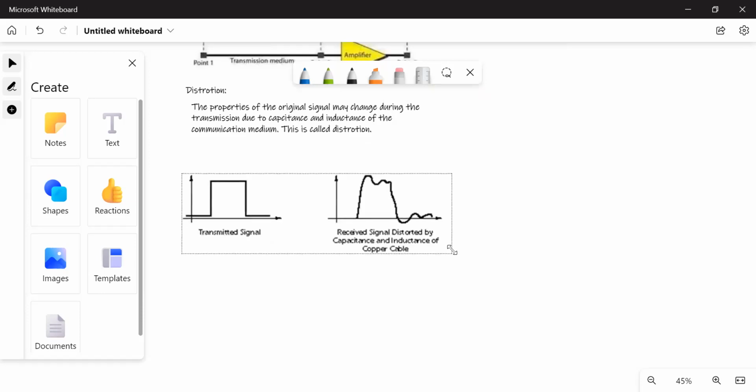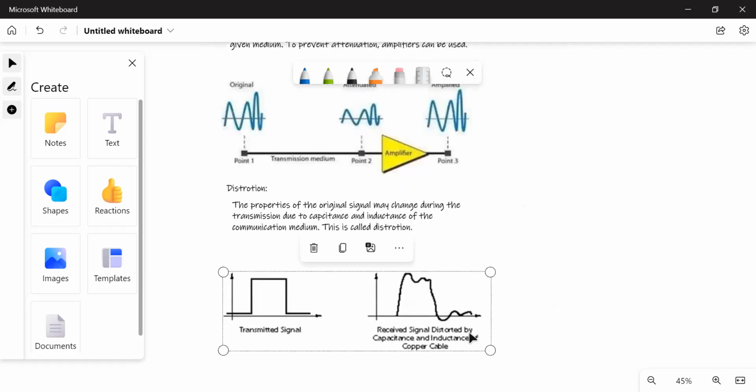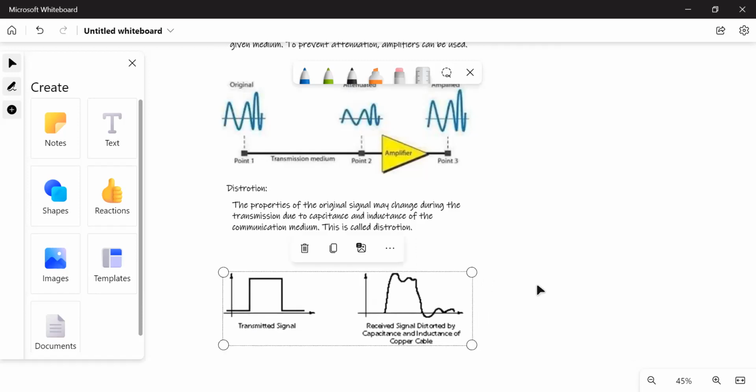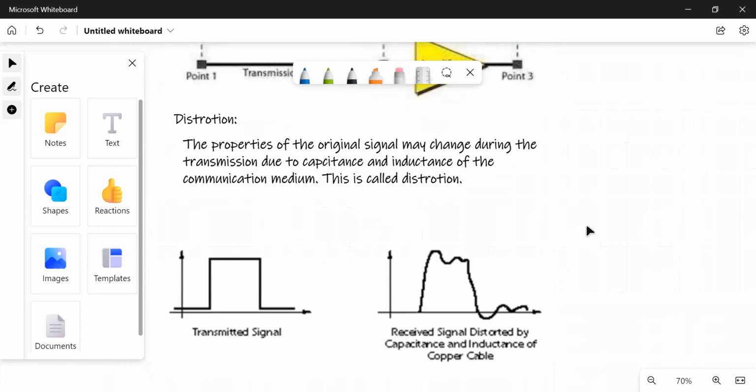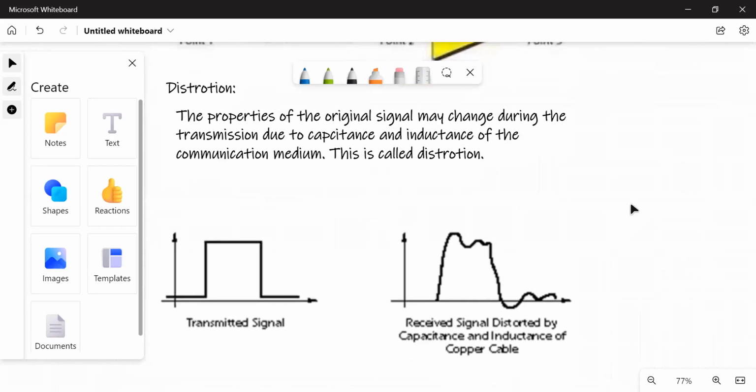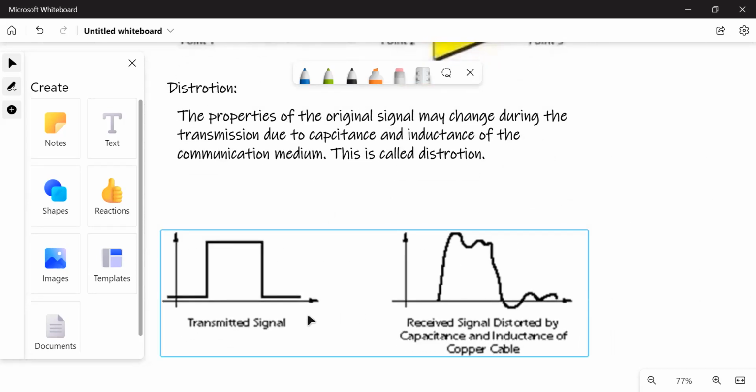So you can see in this example, for example, we have some signal. Let's take down this one. We can draw like this. The shape will change due to various reasons.